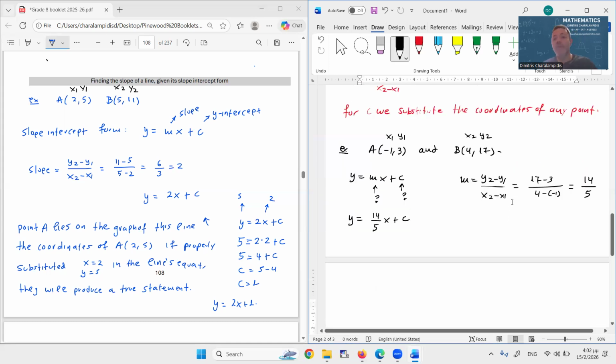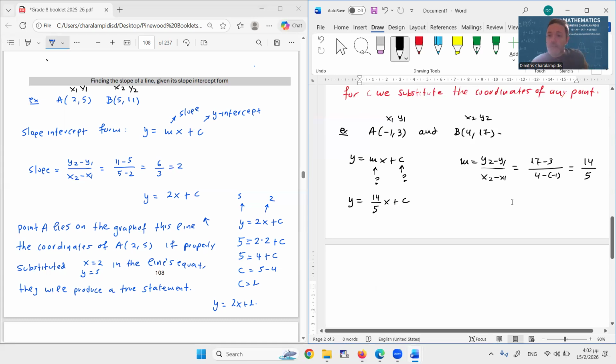What about the value of c? Just use the coordinates of any of the points. You can use point A or point B. Let's use A because it has smaller numbers, only for that. A has the coordinates of -1 and 13.